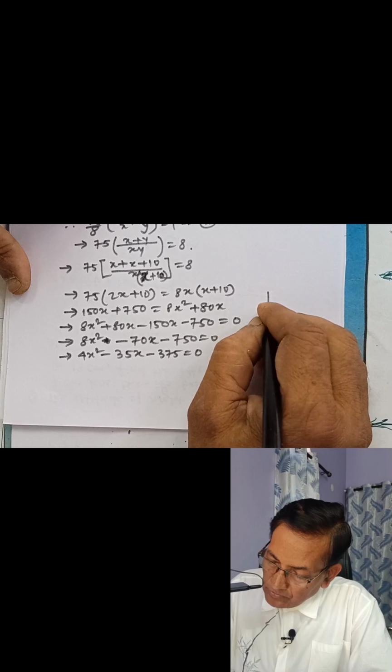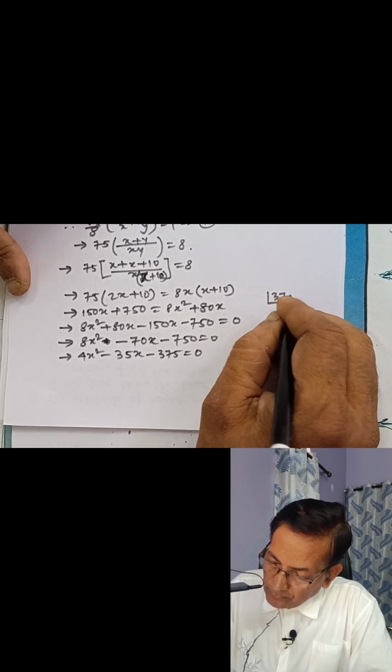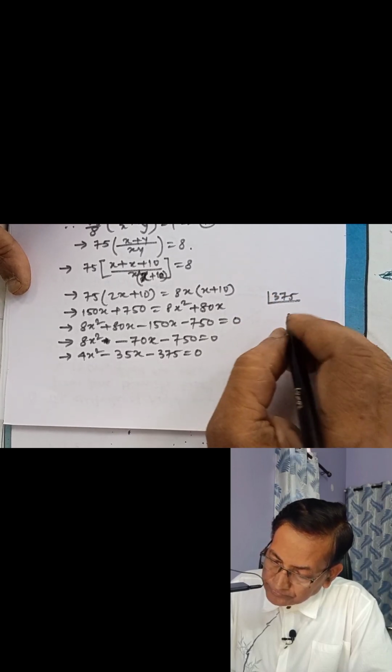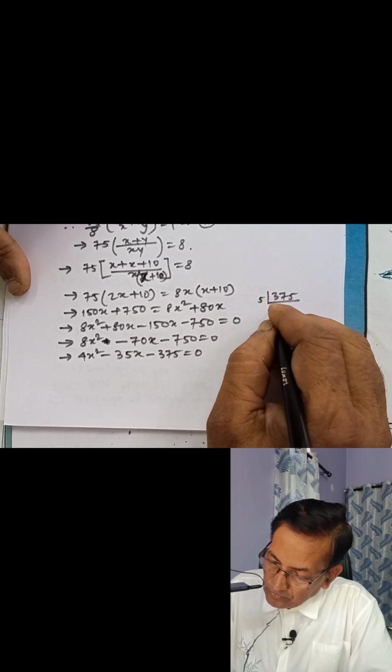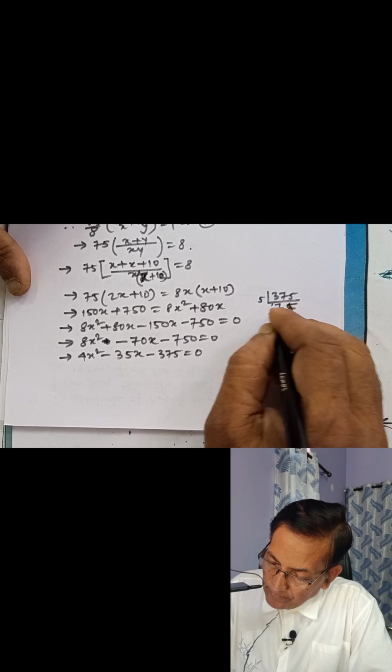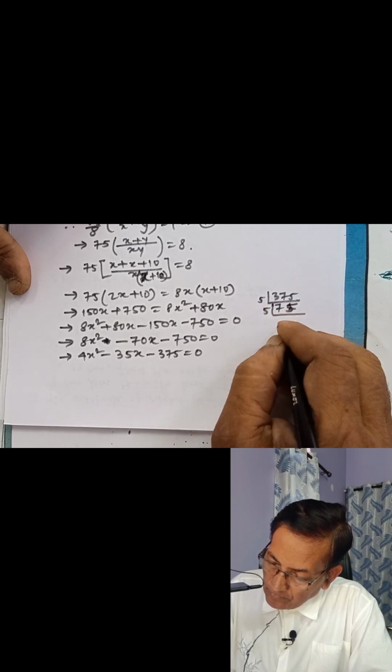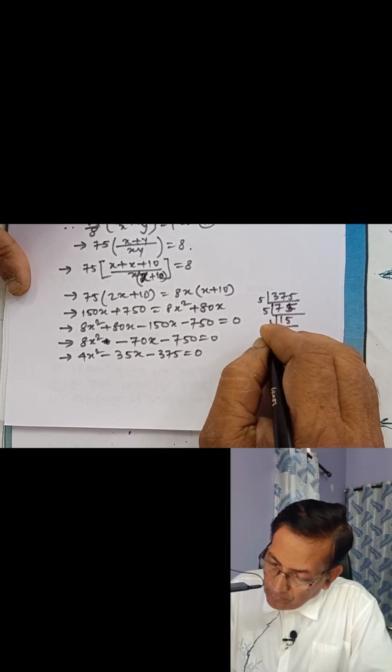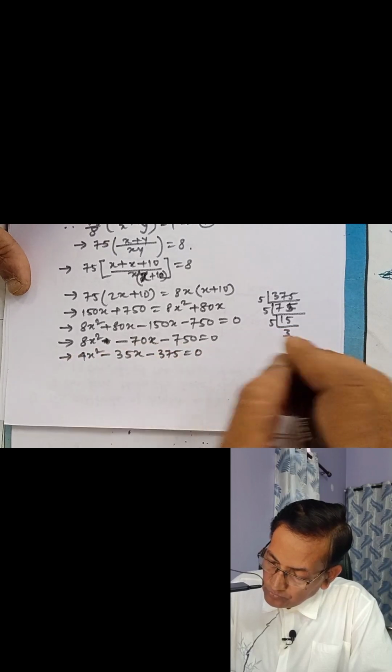Now 375 factorizes as 3 into 5. Also this 4.